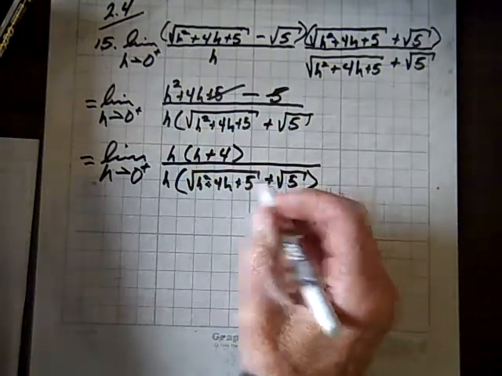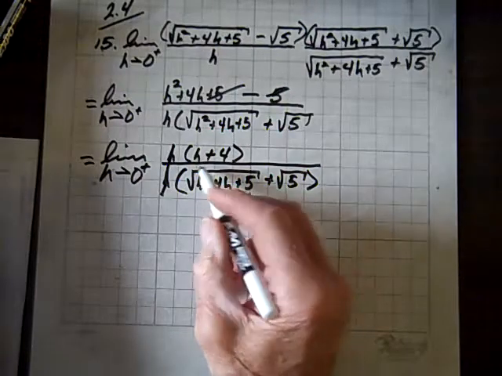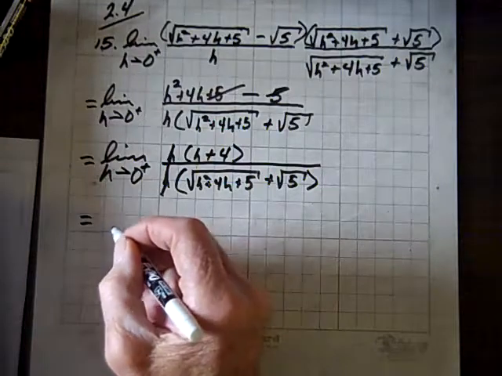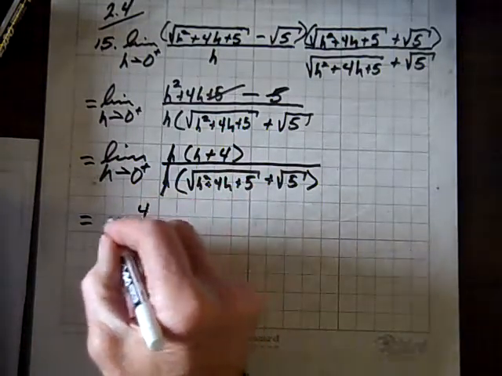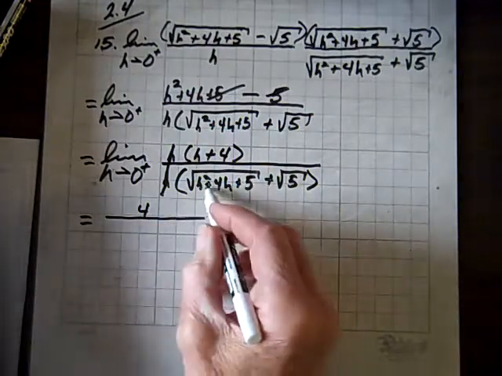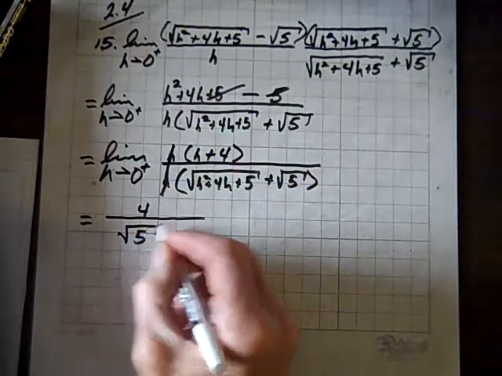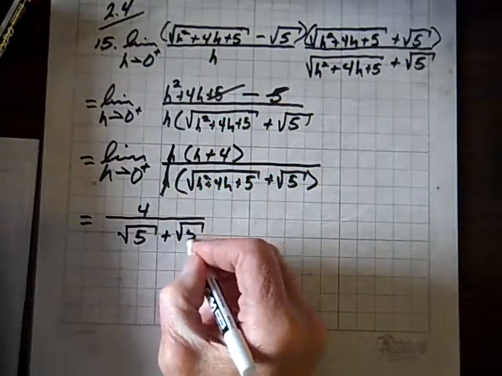Now, by the way, these h's divide out, and now we can let h go to 0. And if h goes to 0, we just have a 4 there. And if h goes to 0 here, we simply have the square root of 5 plus the square root of 5.